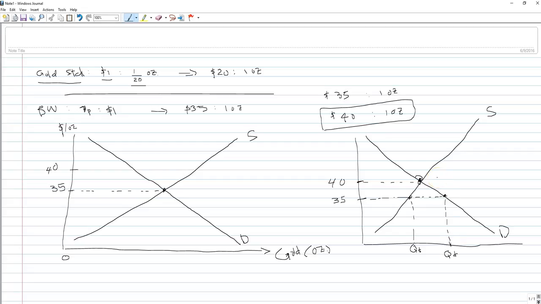So the implication of this was that the dollar was overvalued. In other words, the United States was giving the dollar too much value by putting it at 35 per ounce when it should have been 40 per ounce or maybe another number.